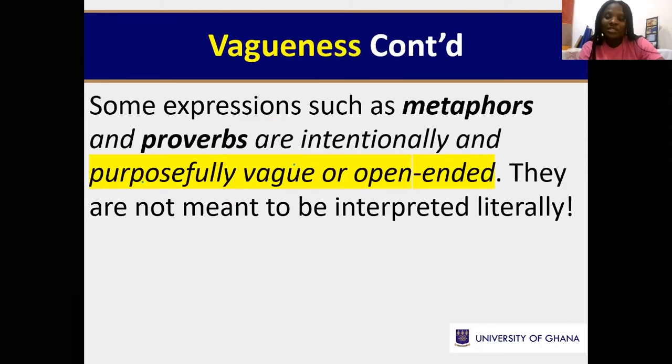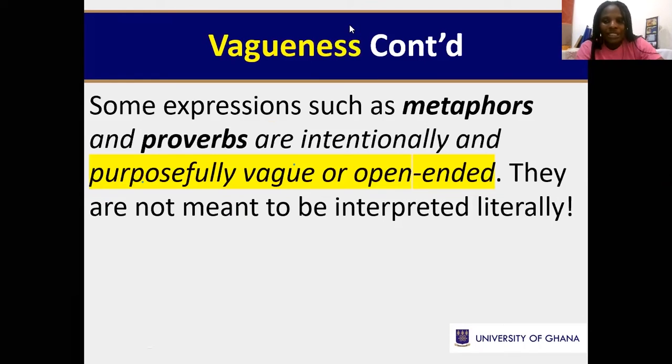So vagueness could be intentionally and purposefully done so that the statement will have an open-ended interpretation. When language is intentionally used that way, your text tells you to be cautious not to literally interpret metaphorical and proverbial language.